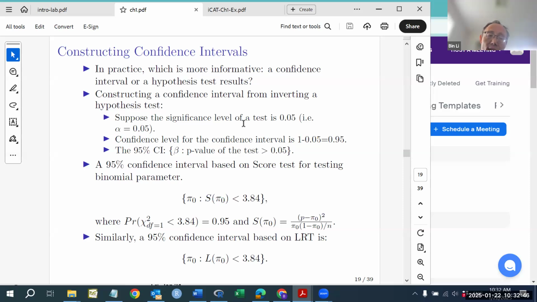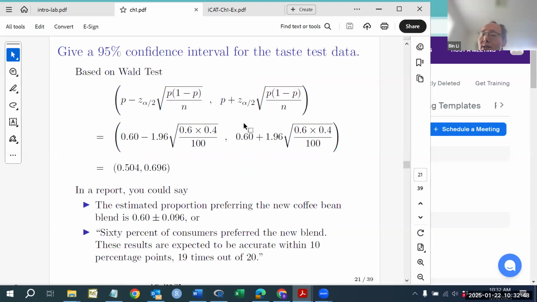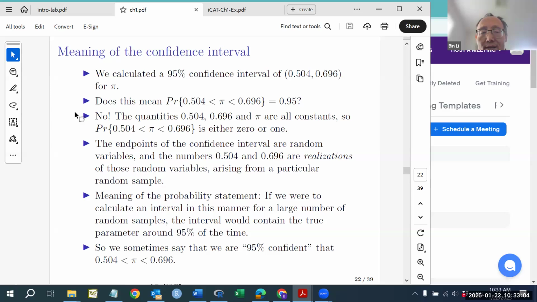Okay? And we also talked about how to interpret the confidence interval, right? Here the idea is the confidence interval from the frequentist point of view. The limits, the lower bound and upper bound of a confidence interval, are random.